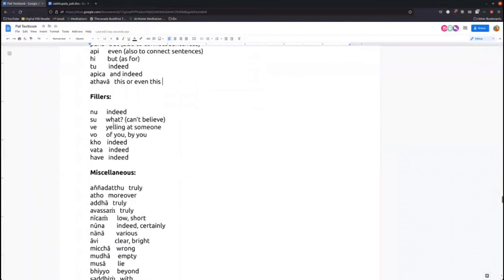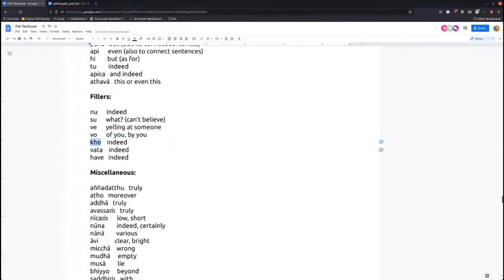Enlightened disciples, I suppose. Nu, su, not so common. Ve, a little bit. Vo is actually not an enclitic because this is a form of the verb, the tumha. What the heck is this doing in here? It's a plural form. Ko is very common everywhere.